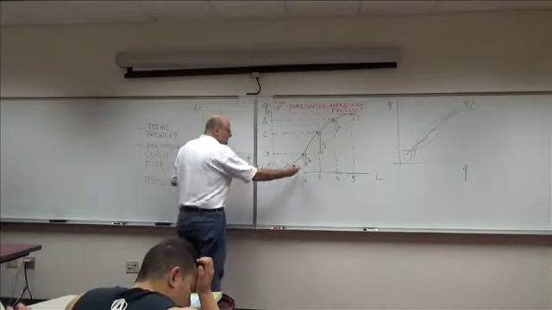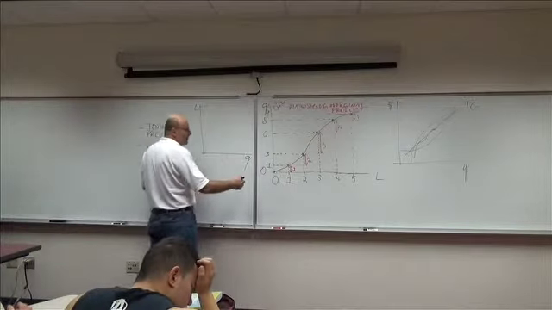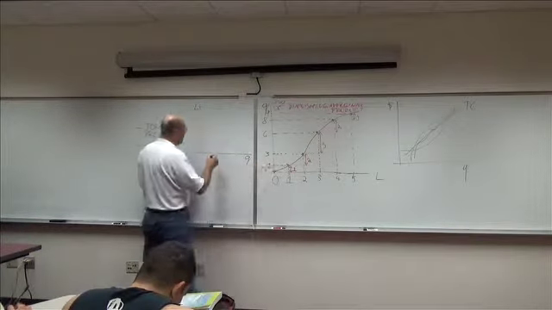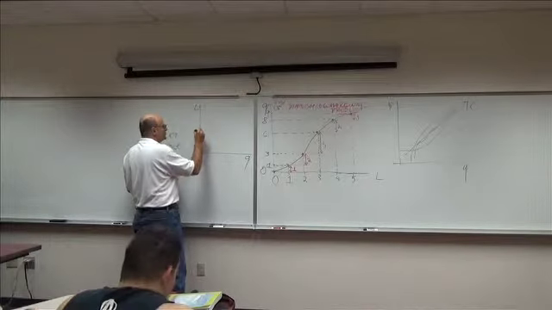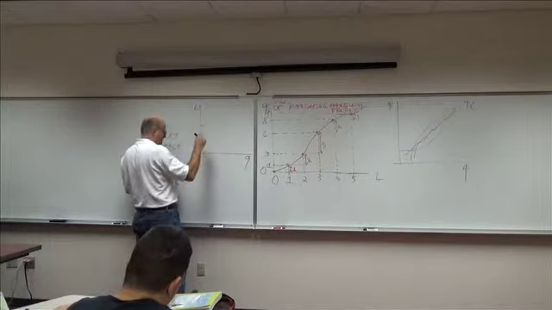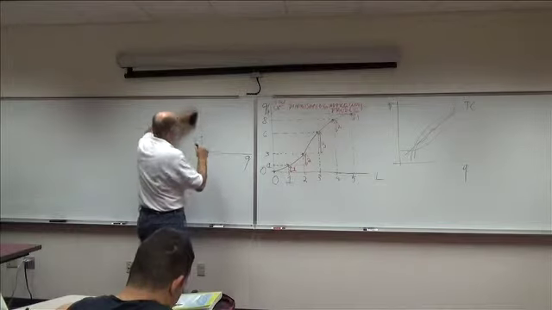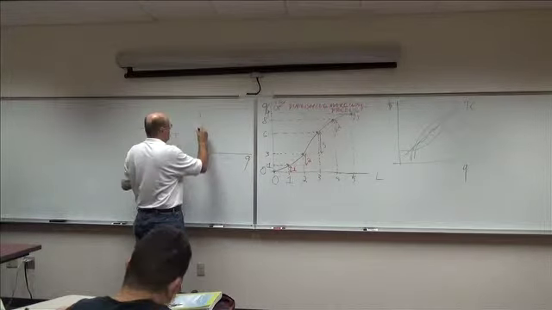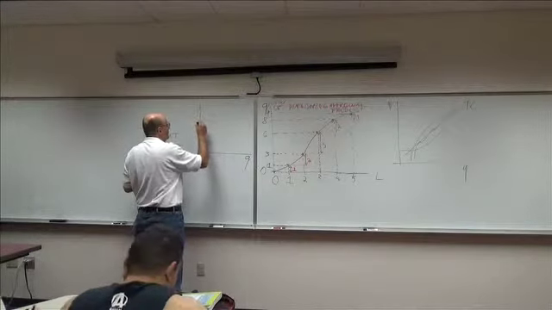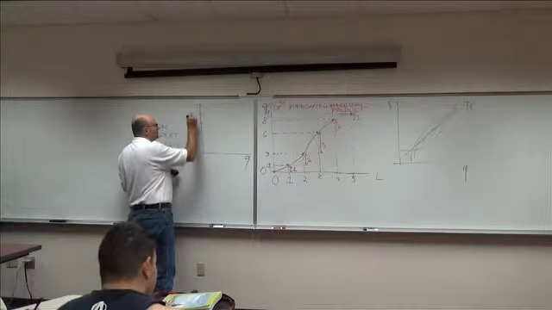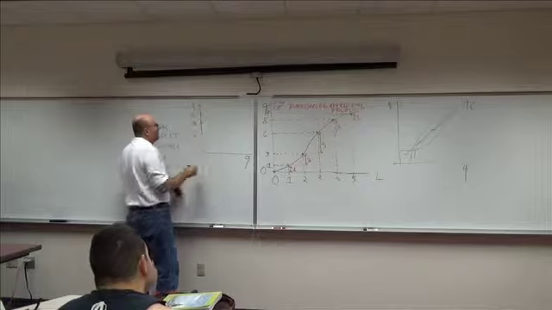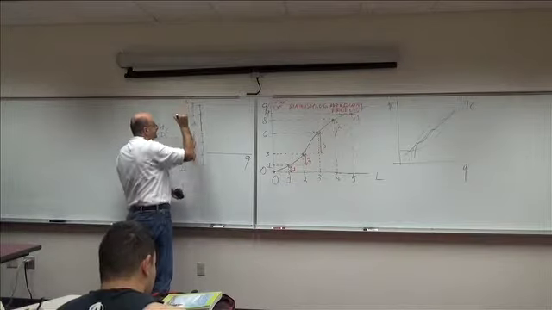We can, of course, do it number by number. We had 1, 2, 3, 4, 5 on the labor axis. So we have 1, 2, 3, 4, 5. That's labor.